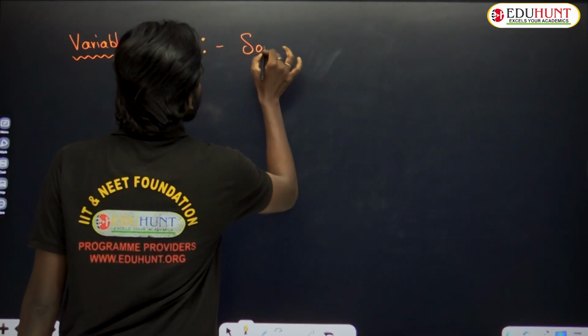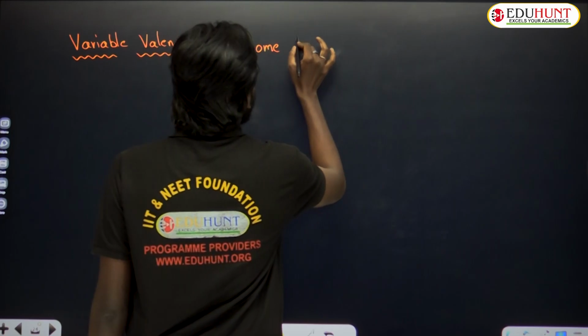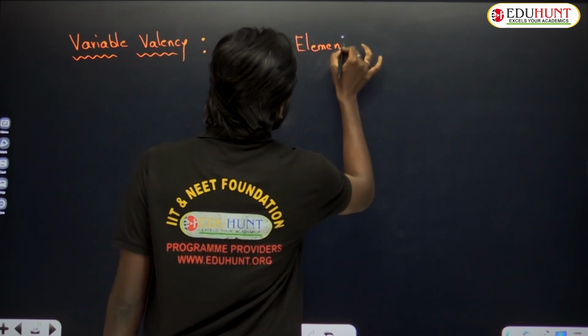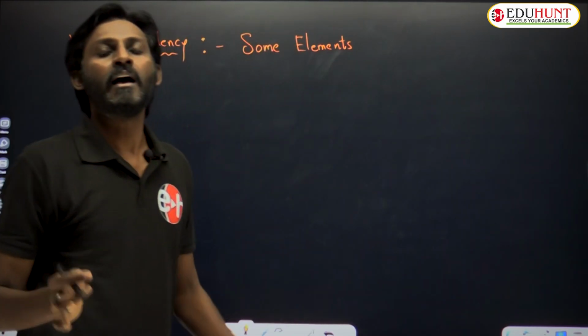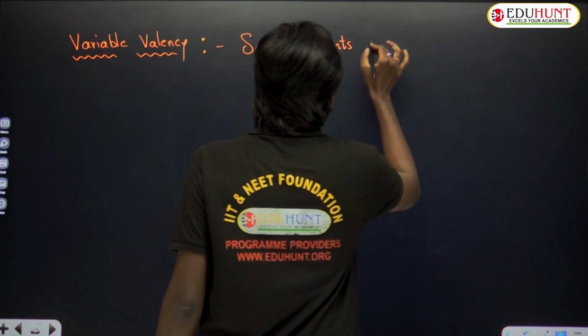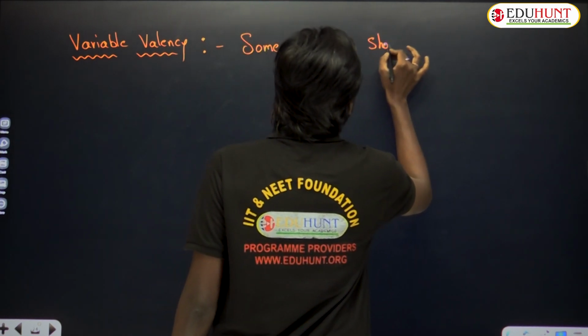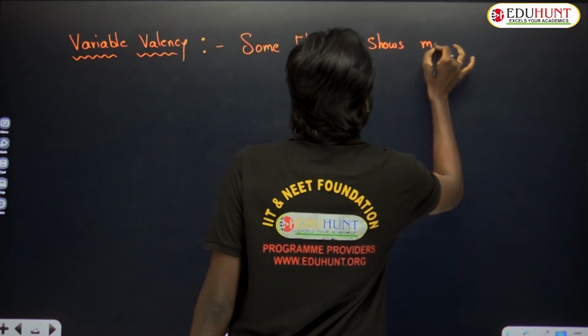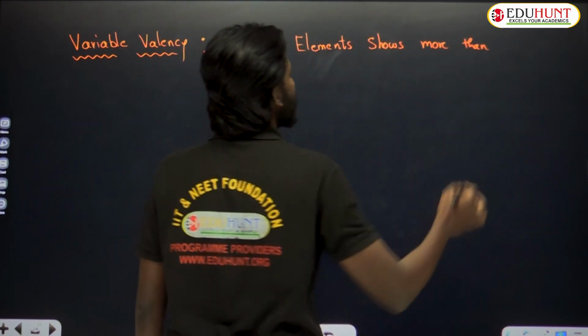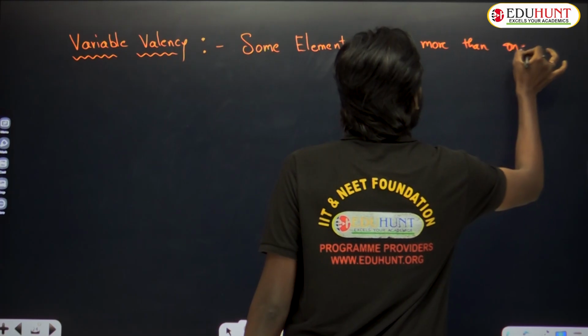Some elements, meaning atoms of an element, show more than one type of valency.